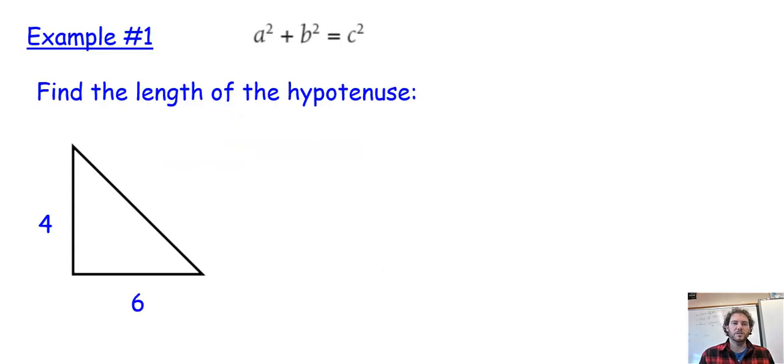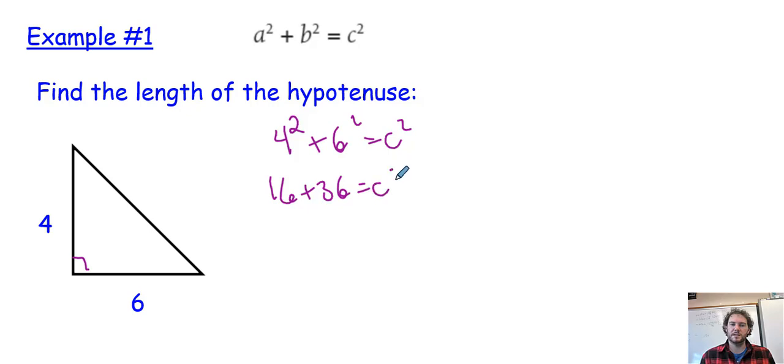Okay, so what we can do with the Pythagorean theorem, which we've already seen in this course, but we'll take a look at again, is we can find the value of a missing side inside of a right angle triangle by using this formula. So here we would have 4 squared plus 6 squared is equal to c squared, or in other words, 16 plus 36 is equal to c squared, or 52 is equal to c squared.